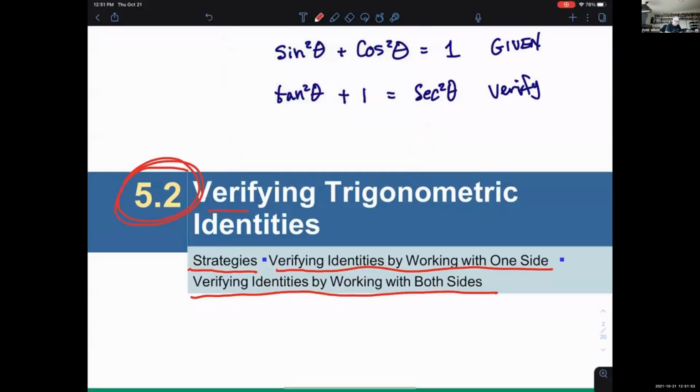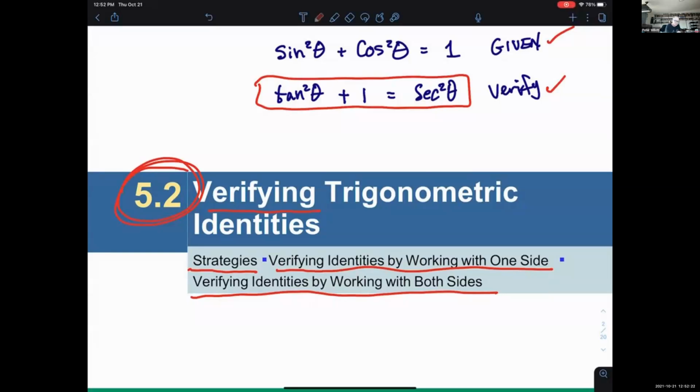When they say verifying an identity, you're given a goal of figuring out if this statement or equation is true, to verify it. And somehow you want to do that using ones that you already know, that were given in the past. This is the idea of this section in a simple example, and then we can look at all the different examples that they give us and have us practice.